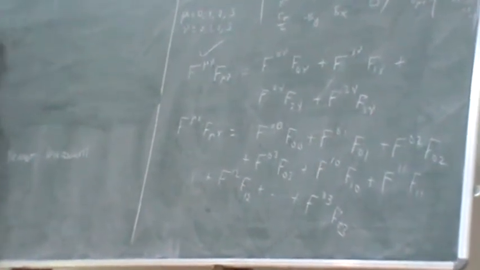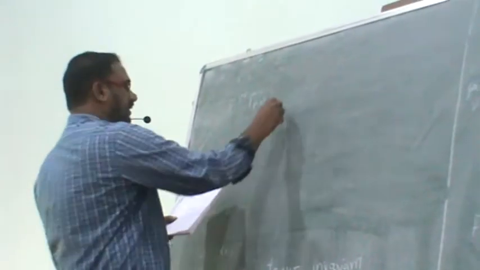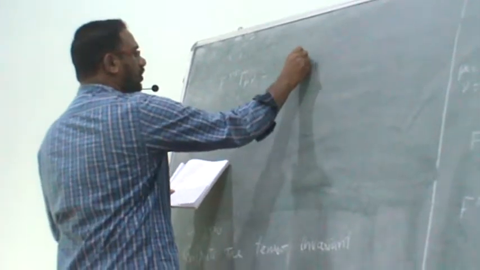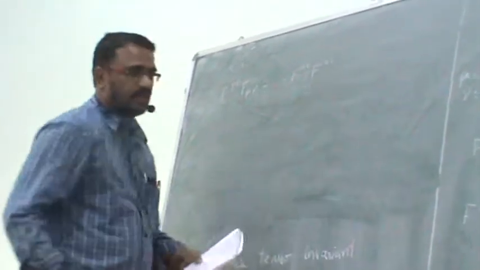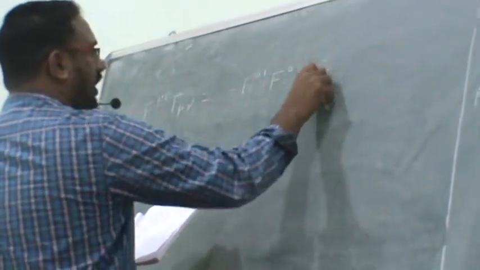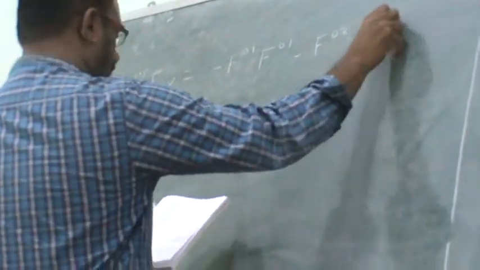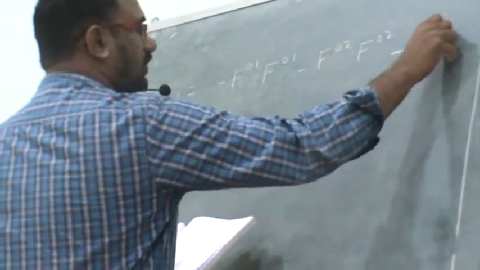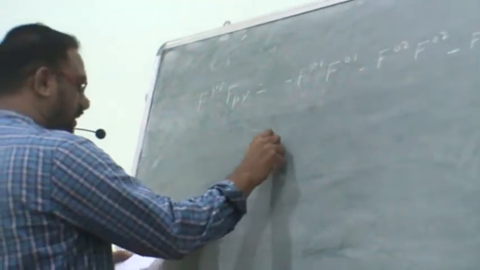So what is the answer? F mu nu is equal to, you will get minus F01 because it has 0 as one of the indices, and minus F02 and minus F03. And it goes like this.